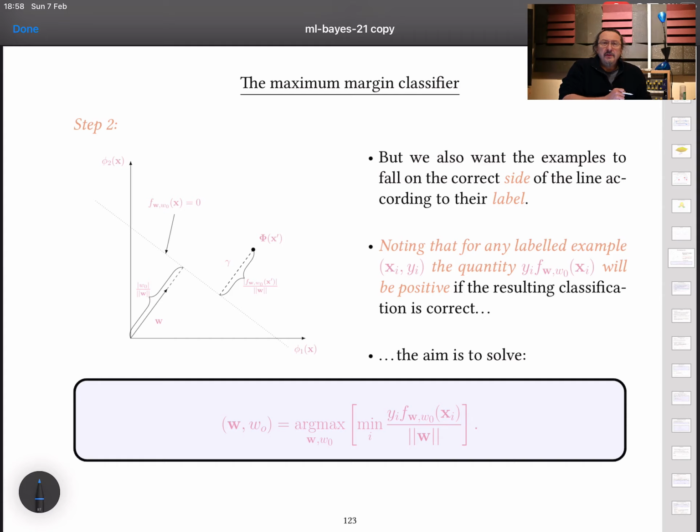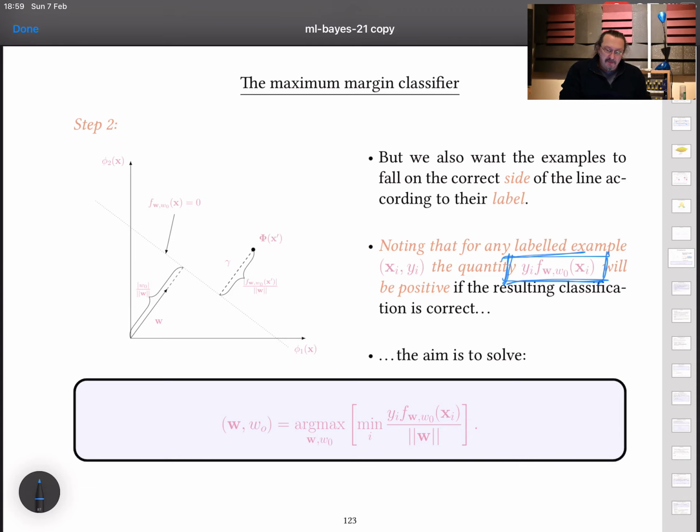If f, when we plug the ith training vector x_i in, gives a positive number, and the label y_i associated with x_i is plus 1, then this product will be positive. Whenever f is classifying the ith training vector correctly, that quantity will be positive.